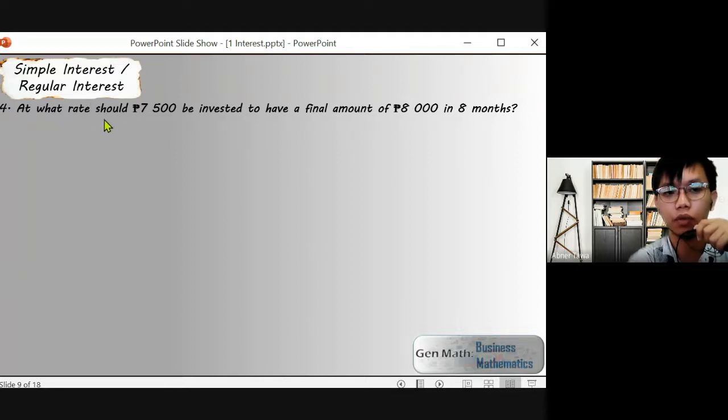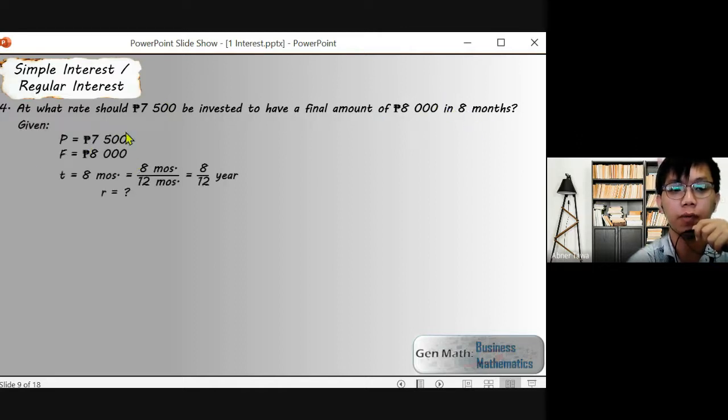Okay. So we're going to identify the given here: what is being represented by the 7,500, and then the 8,000, same with the 8 months. Our given will be 7,500, that is the principal amount, and the 8,000, that is the future value, and then the length of time, which is 8 months. Okay, let's convert this into years.